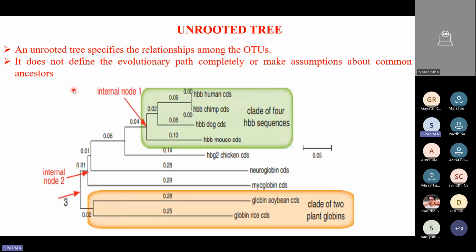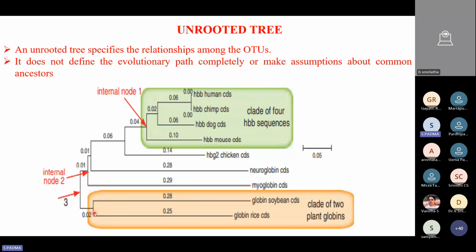In a rooted tree, we have observed that there is a segregation of the globin genes, the plant globins and the tissue specific globins. They have a different type of arrangement. Now, when we are taking an unrooted tree, you can see that these are coming as a bifurcating node here.